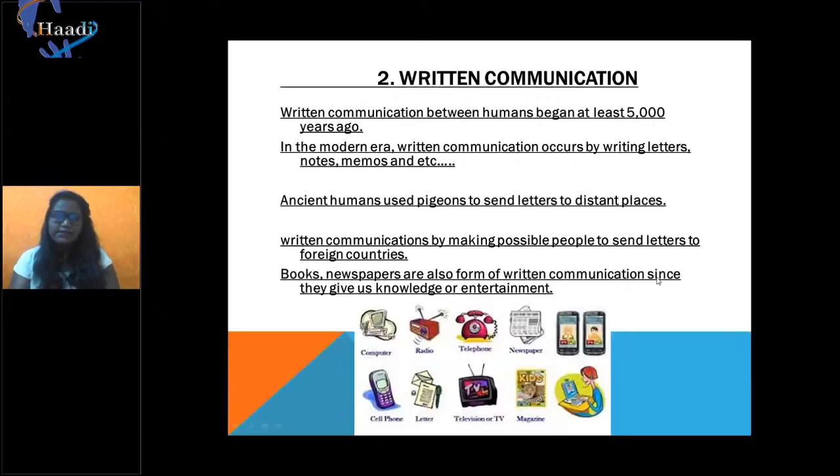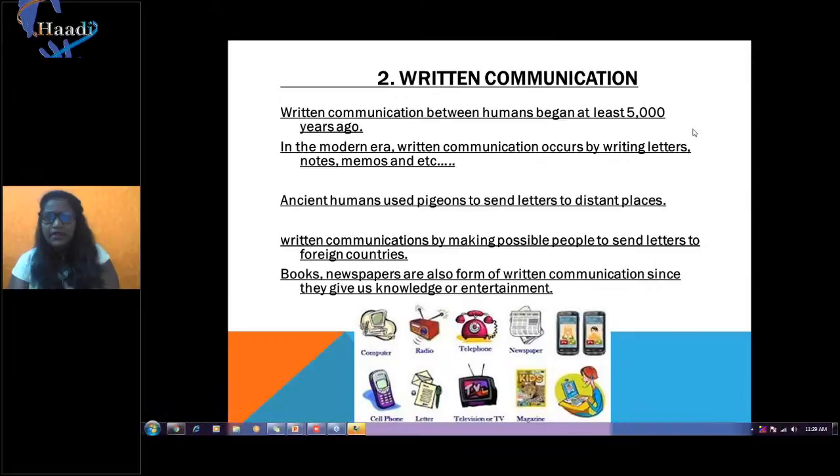Now we'll discuss the second type, written communication. Written communication began at least 500 years ago. In the modern era, we communicate by writing letters, notes, memos, etc. Ancient people used to send pigeons over longer distances to convey their messages.